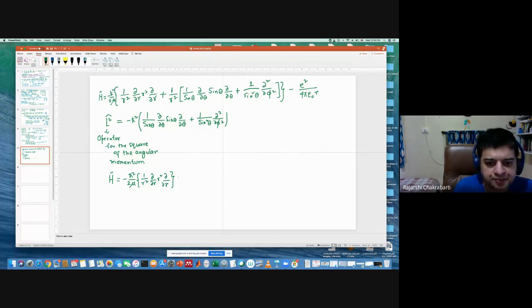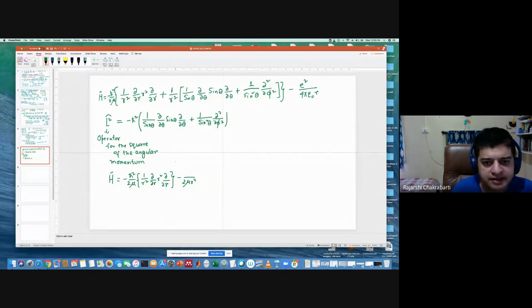So let us do it. Minus h cross square by twice mu r square, and then the whole thing. But look at it: this minus h cross square, the whole thing is L square. So what should I do?